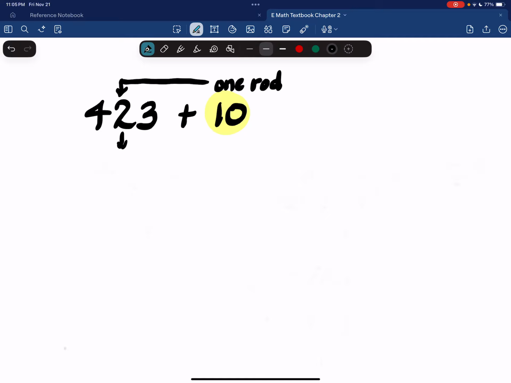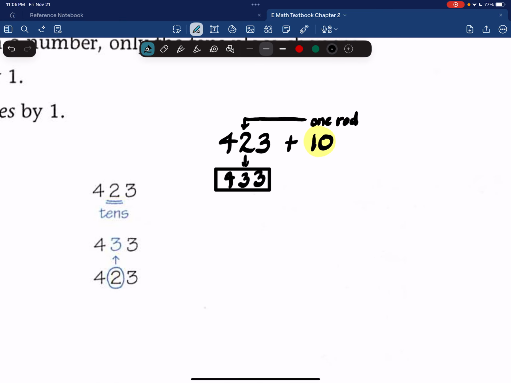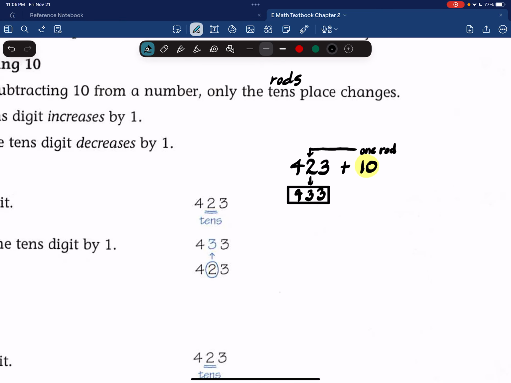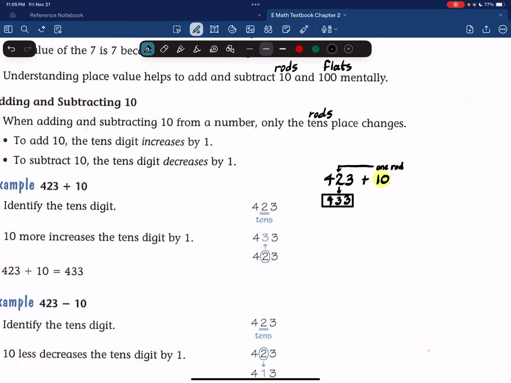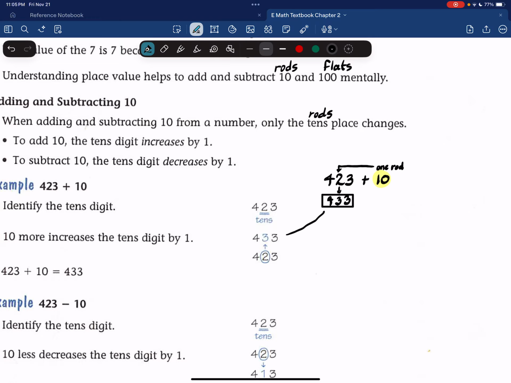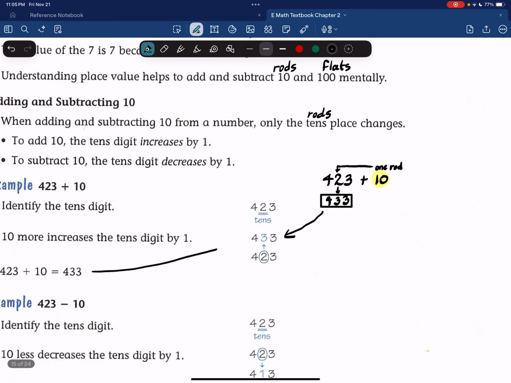So that means that we're going to increase that to a 3, and that's our answer. 423, you are adding 1 rod. And that's what they show you here as well. 423 becomes 433. That's the answer.